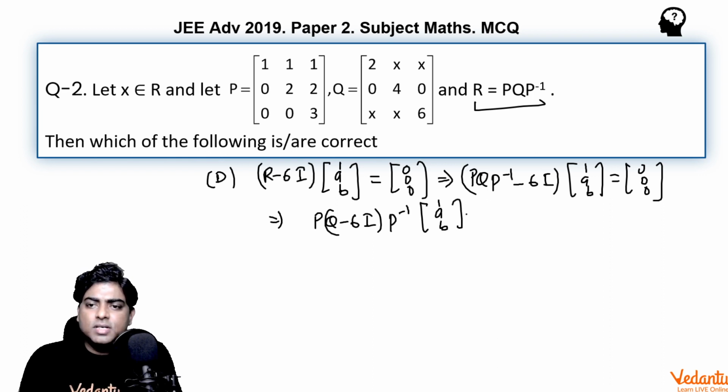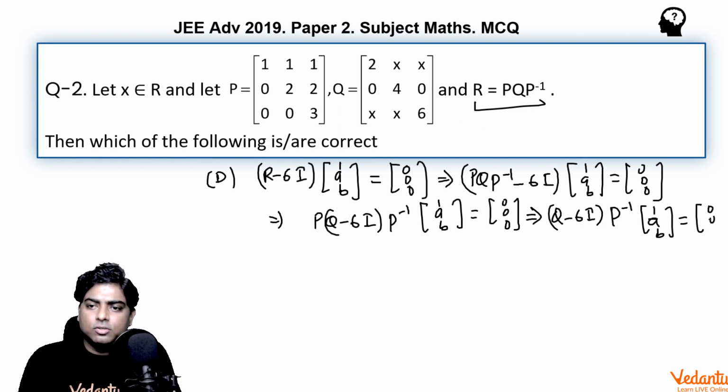And as P is an invertible matrix, non-singular, if you multiply both sides by P inverse, then we can easily simplify it as 1AB as 0, 0, 0. Here I have multiplied P inverse both the sides, right?